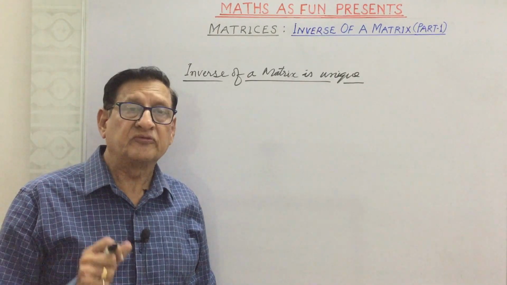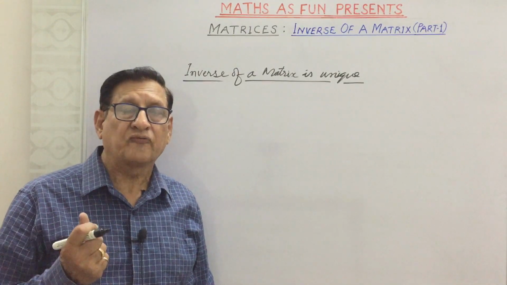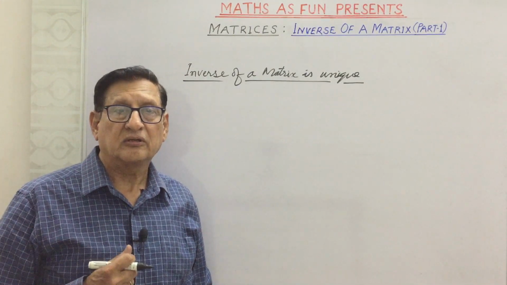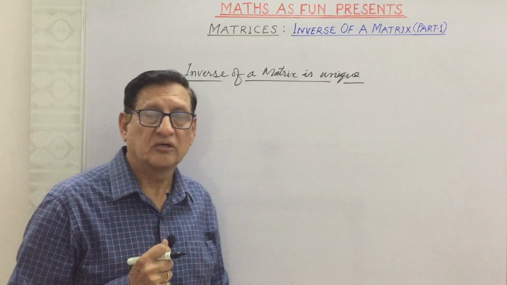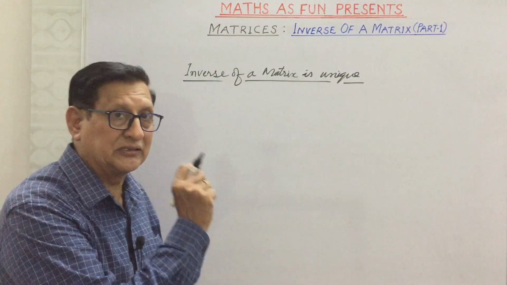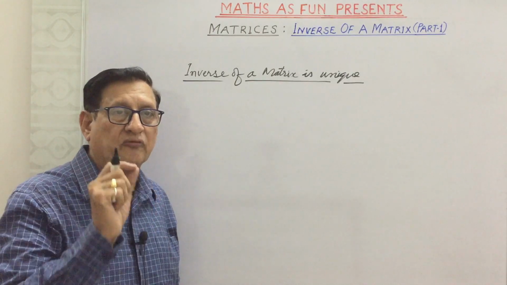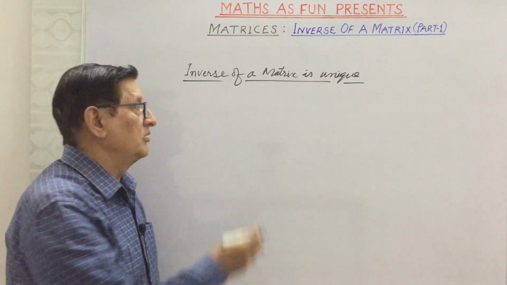When we find the multiplicative inverse of a matrix, we find that it is unique. Let's learn how. We will prove that the multiplicative inverse of a matrix is unique.